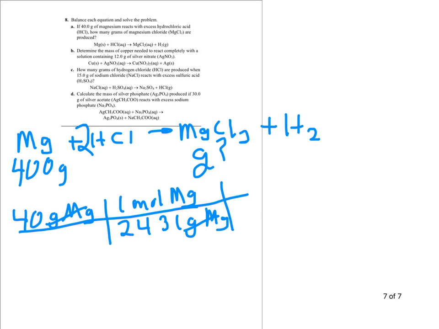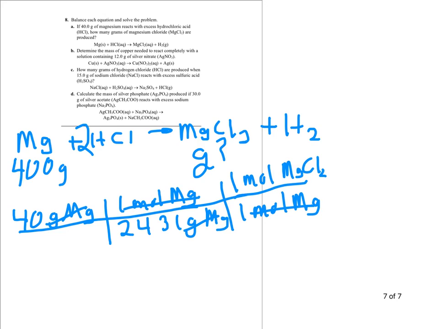And then we know that there is 1 mole of magnesium for every 1 mole of magnesium chloride. Moles divide out to moles.